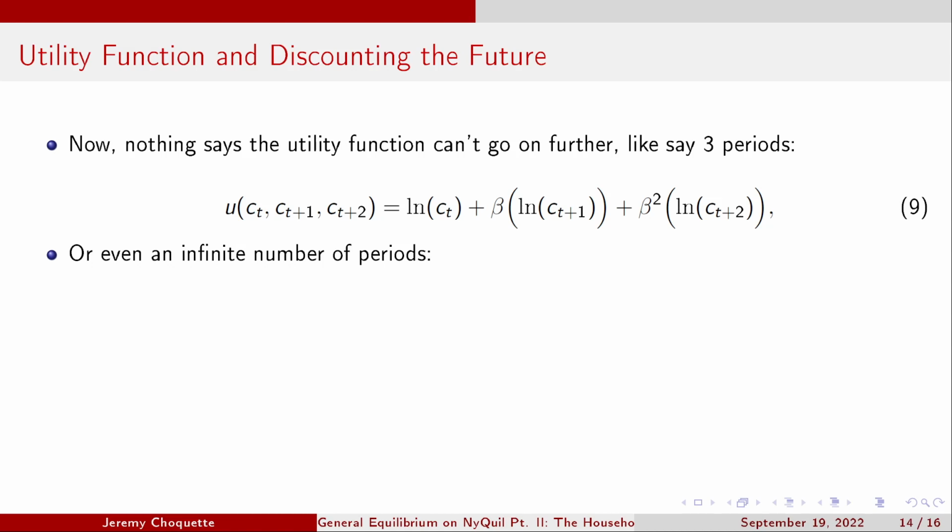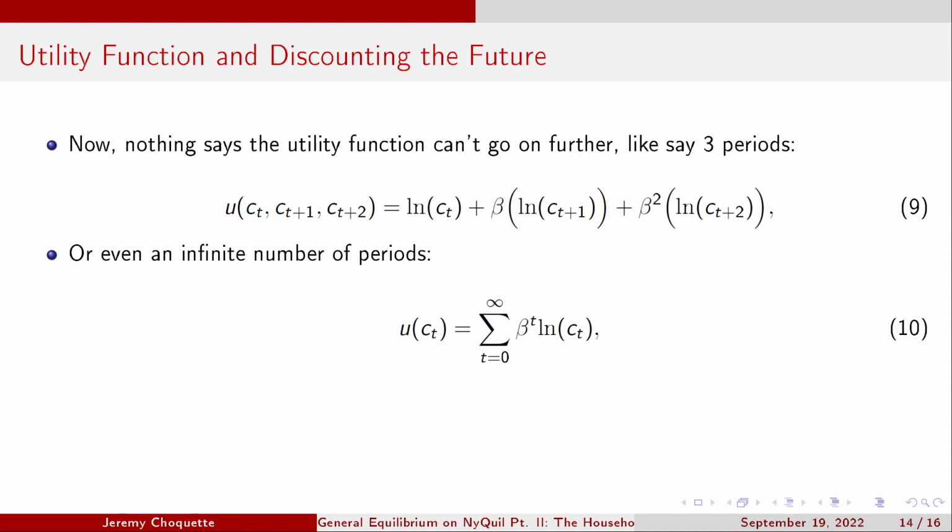So if we want it to be consistent across time periods, then I need to make sure the day after tomorrow is a little bit less important than tomorrow. So if I square it, it's going to be guaranteed to be a little bit less. Why? Because if you take the square of a number that's between 0 and 1, it's going to get a little bit smaller. 0.95 is going to be greater than 0.95 squared. If you don't believe me, get a calculator, work it out.